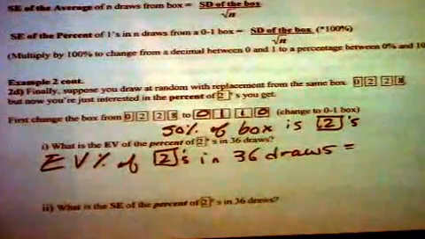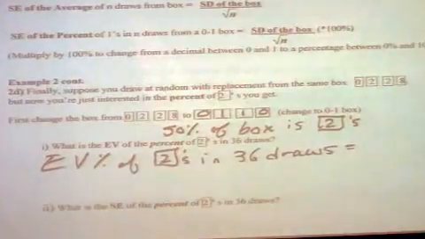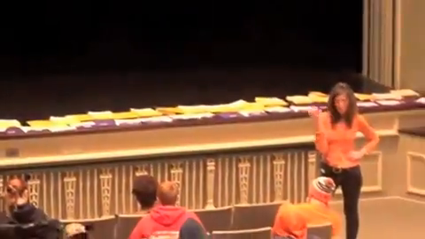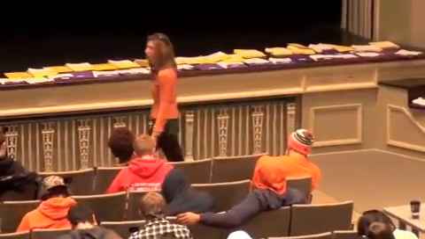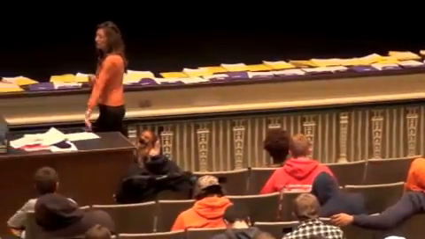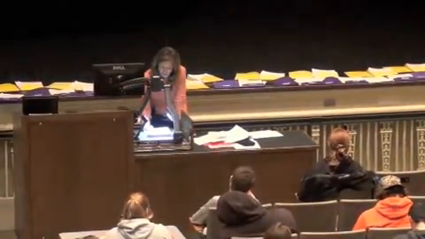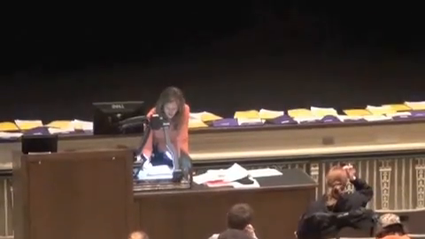If 50% of your box is 2s, wouldn't you expect 50% no matter how many draws? What else would you expect? Would you expect 100%? It's exactly the same. A percent is just an average with a 0, 1 box. So you'd expect it to be 50%.